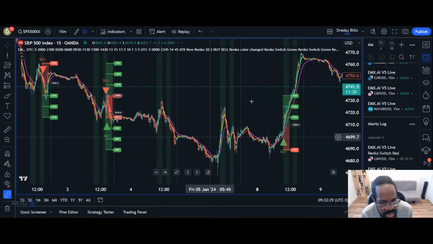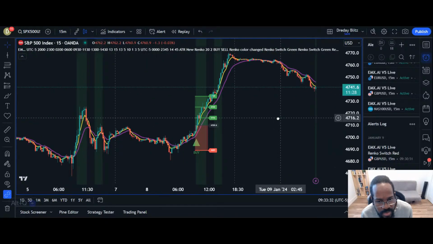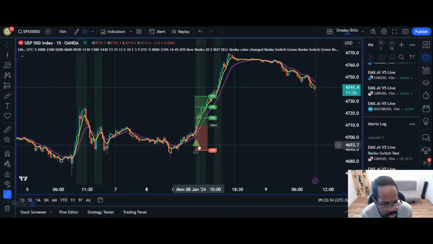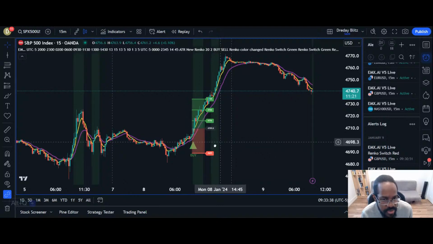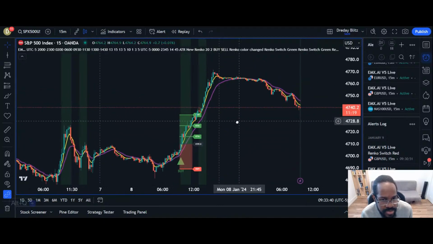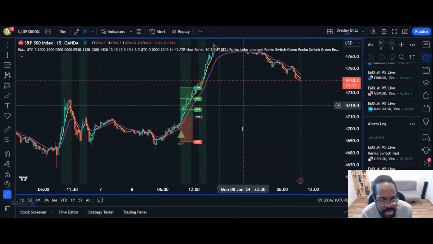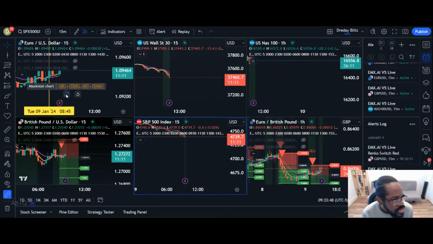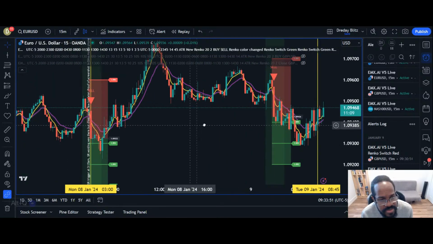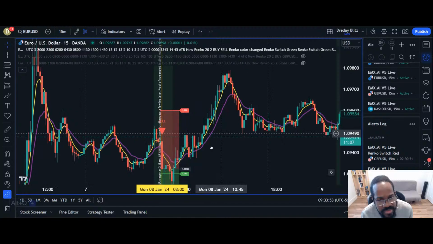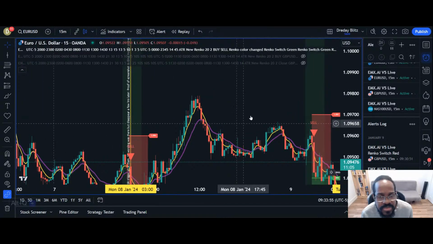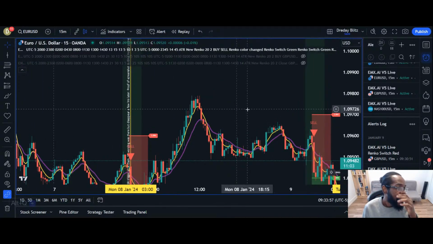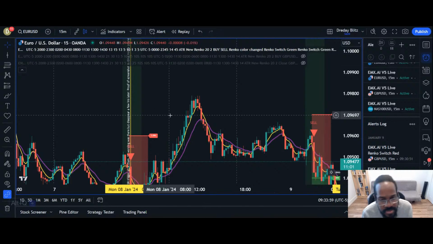And you had the SPX 500 buy setup here at 9:30, right at market open, and hit TP3 and more. Let's look at the Euro USD.